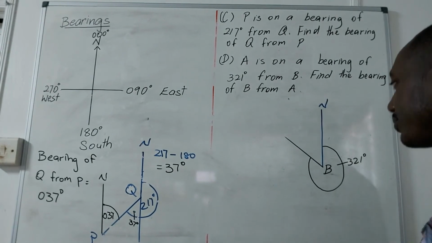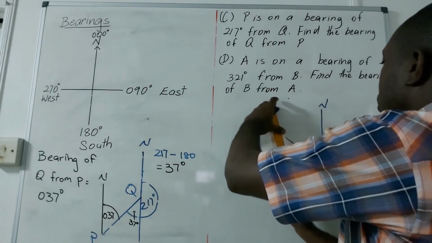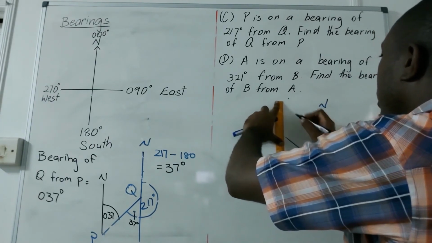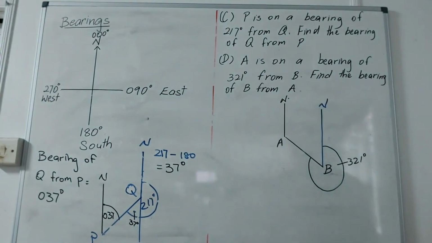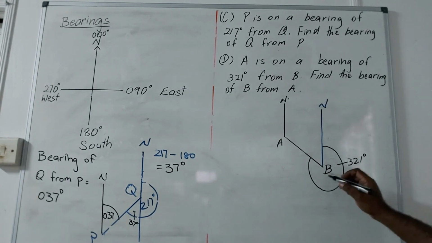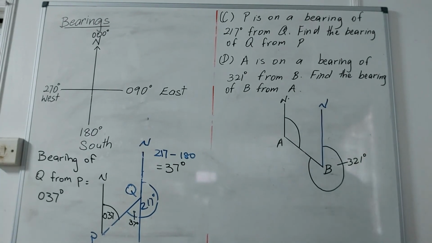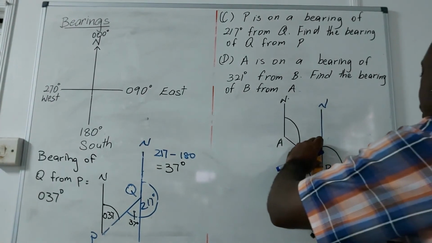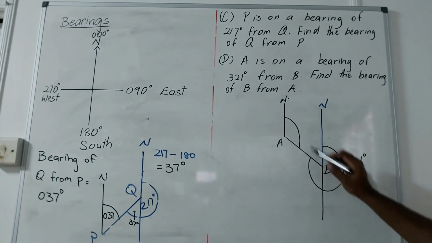321 degrees. So what we need here is to find our A. So here is A, and we have north. If we want to find the bearing of B from A, with A being our starting point, what we're asking for is this angle there. Reminding ourselves that since we have two parallel lines, these two angles are equal.